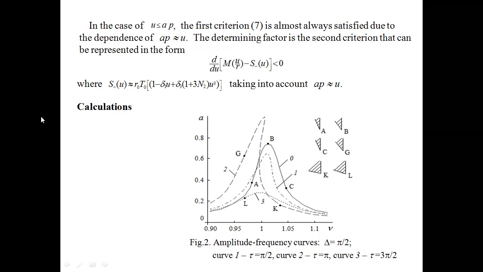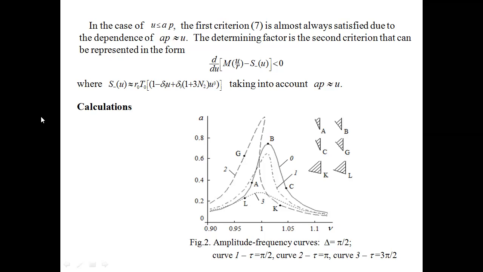The determining factor is the second criterion, which can be represented in the next form, where S is approximately equal to this relation, taking into account AP approximately equal to u.